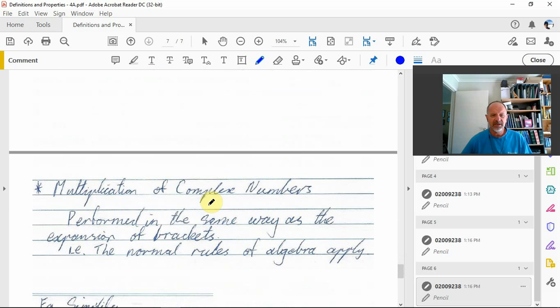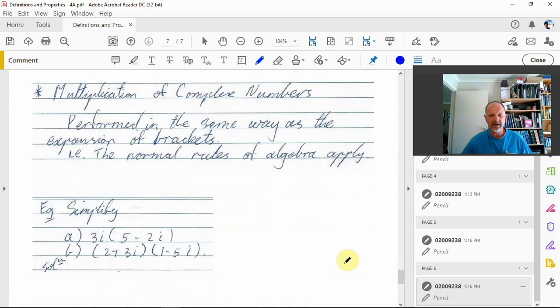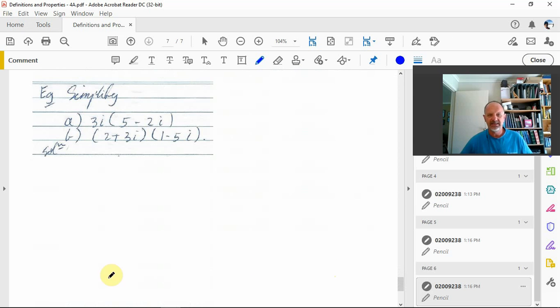All right, multiplication. So again, we've done this last year, so this is just a reminder. We perform this in the same way as we would do an expansion of brackets, and the normal rules of algebra apply. Okay, that's handy, isn't it?